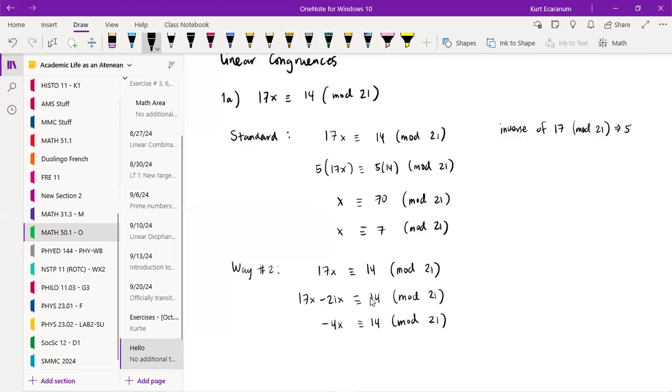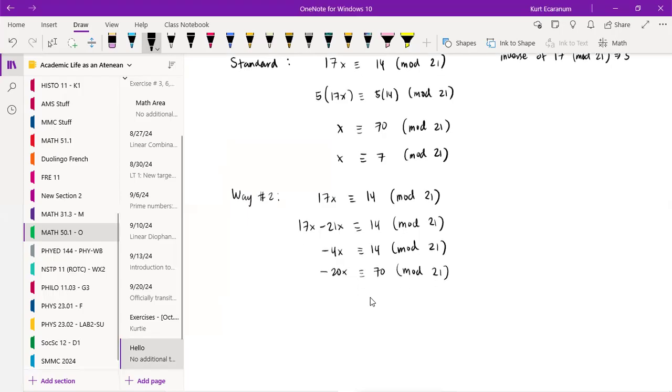For the lack of a better term, I can multiply this by 5 so that this becomes 20x. So 20x congruent to 70. And then again, since meron na akong 20 and I know negative 20 plus 21 is 1, I can just add back 21.